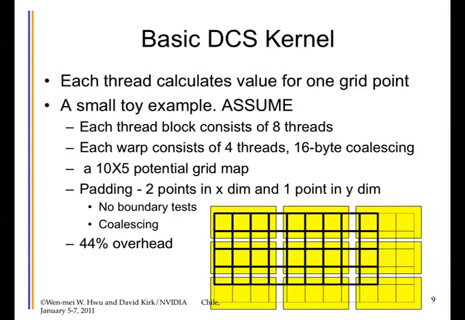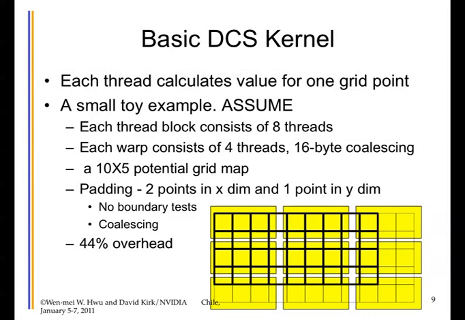Remember, at the beginning of the lecture, I talked about the DCS kernel and the course, and I said there's an SPMD programming model. So whenever the number of lattice points in each dimension is not a multiple of block size, then we typically will be padding the data structure, enlarging it so that it will be multiples of thread block size.